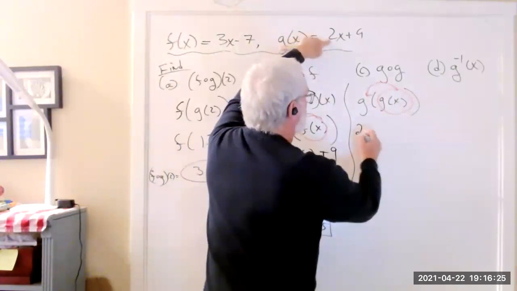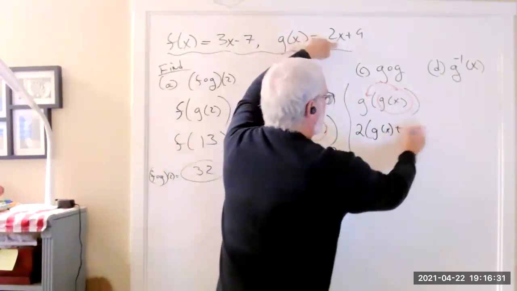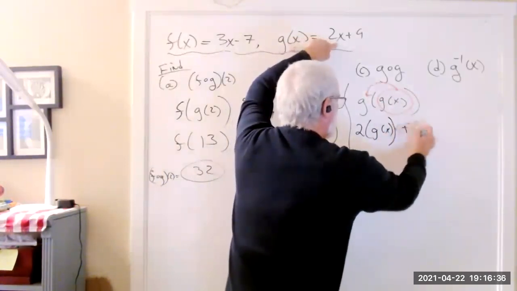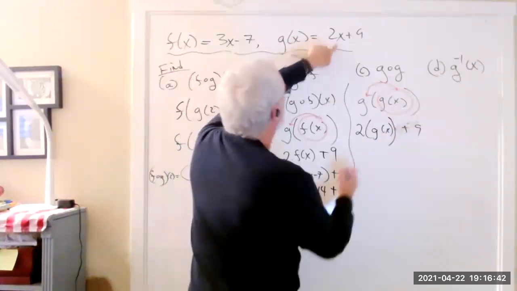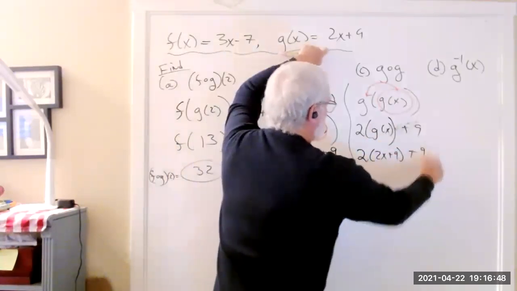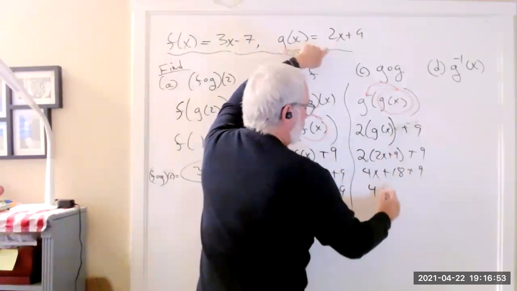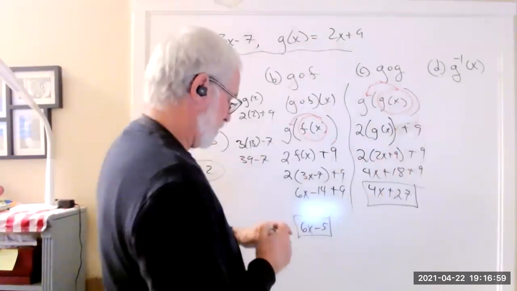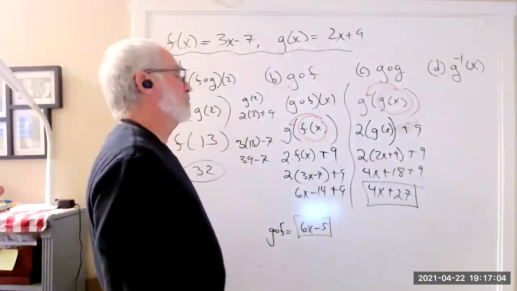So I take 2 times the G that I'm giving it, plus the 9. That's 2x plus 9, plus the 9. So that's 4x plus 18 plus the 9. That's 4x plus 27, and that's the answer. That's G circle G, or G composed with G, or whatever.